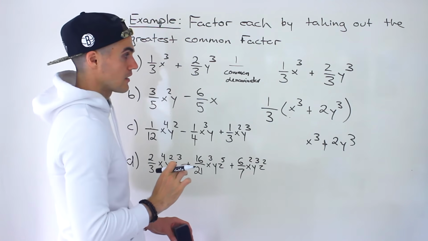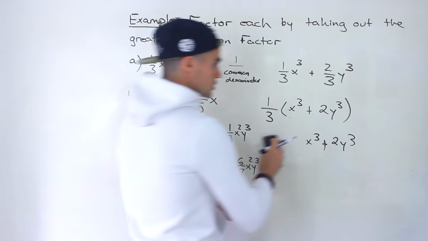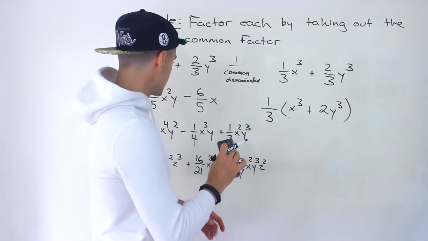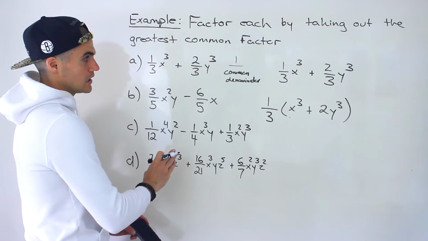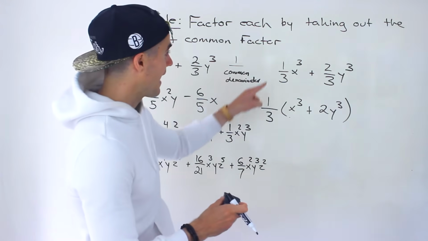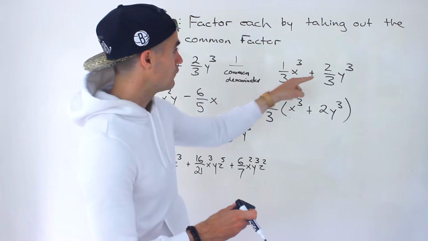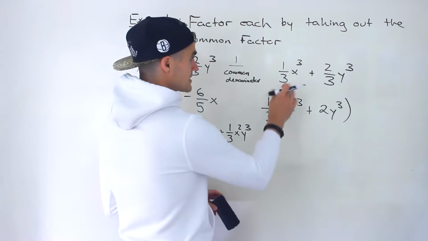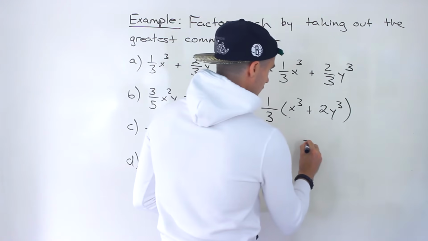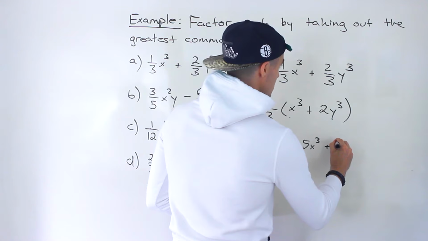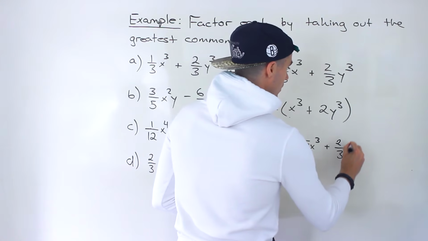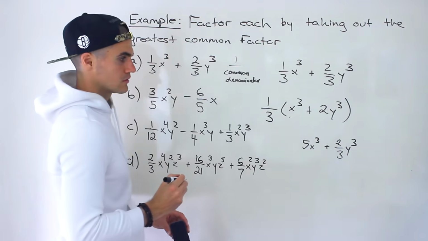Another thing I want to mention is in this case, these are all fractions, but a lot of times you may not even have all of them be fractions. So let's say we had 5x cubed plus 2 over 3 y cubed, like that.